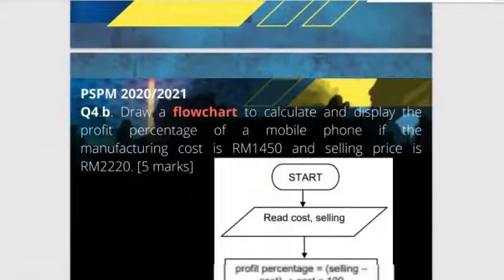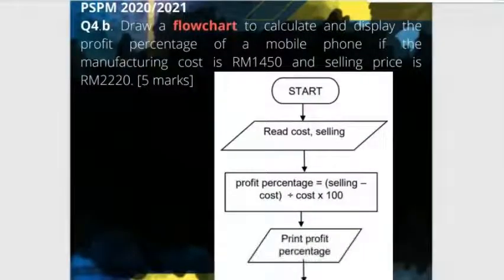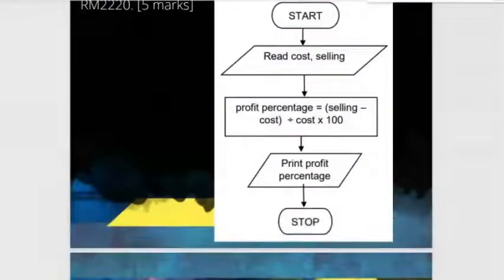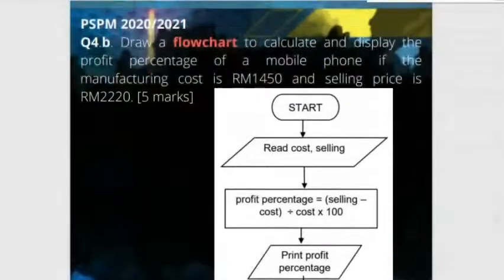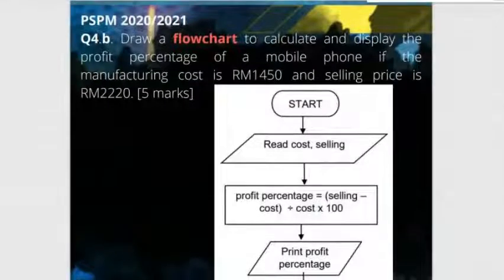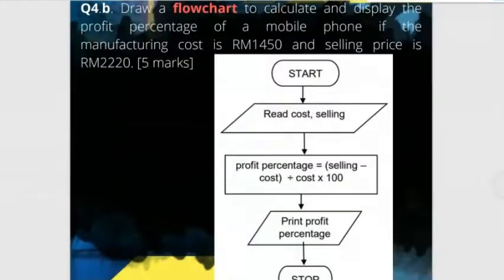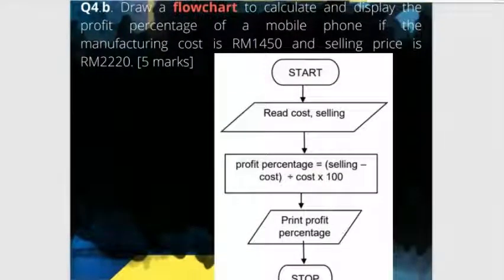Okay, so next is draw a flow chart to calculate and display the profit percentage of a mobile phone if the manufacturing cost is RM1550 and selling price is RM2220. Question asks for a flow chart, and the input here is manufacturing cost and selling price.